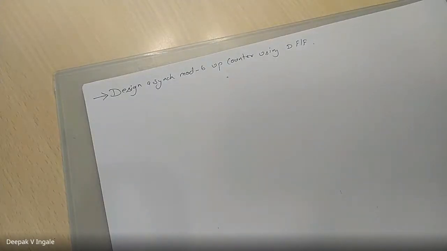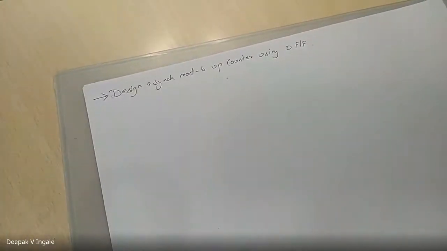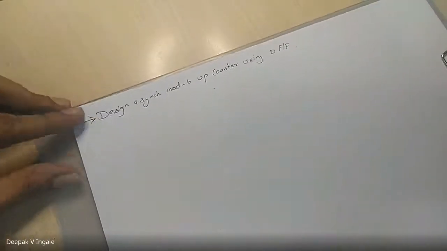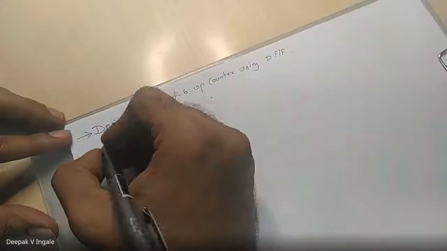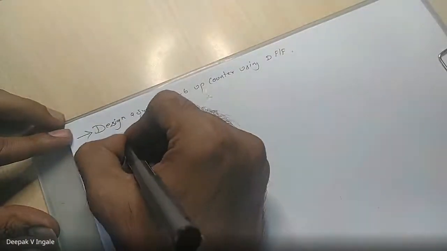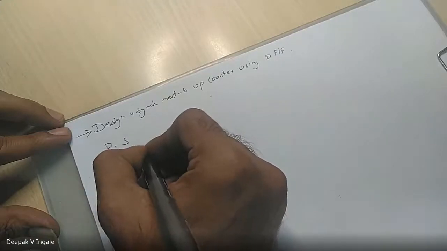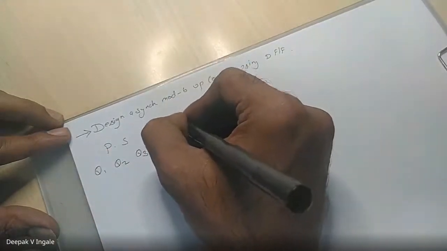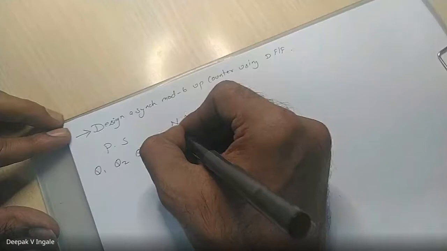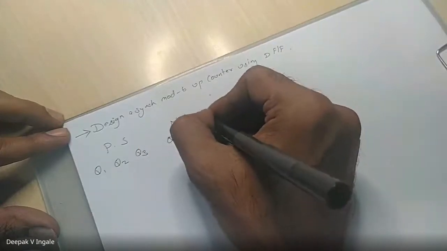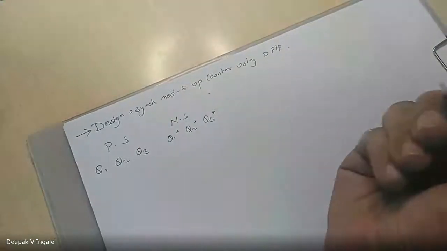Can you write the truth table? Yes, sir. Okay. Please go ahead and write the truth table. Present state, you would start with Q1, Q2, Q3. Next state, Q1 plus, Q2 plus, Q3 plus.